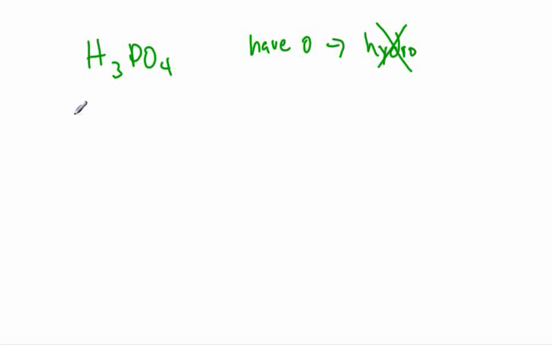Another type is whenever you have hydrogen with a polyatomic anion. So we can have H3PO4. And to name this, we have oxygen. So we're not going to use hydro. So we're just going to look at the anion, polyatomic anion, PO4, that's phosphate. So phosphate. We take the ate and, look at your ion sheet, ate goes to ic.